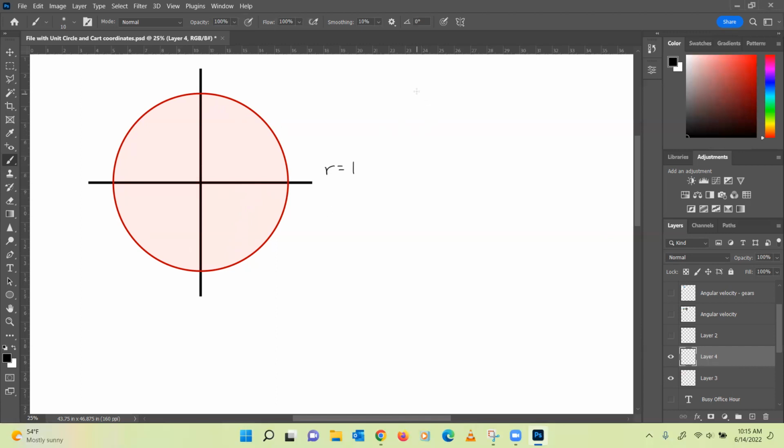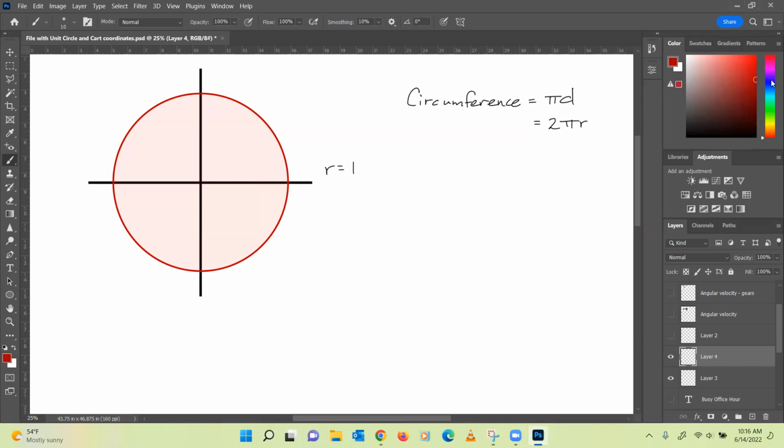For example, the circumference of a circle, which is the distance around the outside of the circle, is equal to pi times the diameter. And the diameter is twice the radius. So we could also say that that is 2 times pi times r, which is going to help us now because we know what r equals.